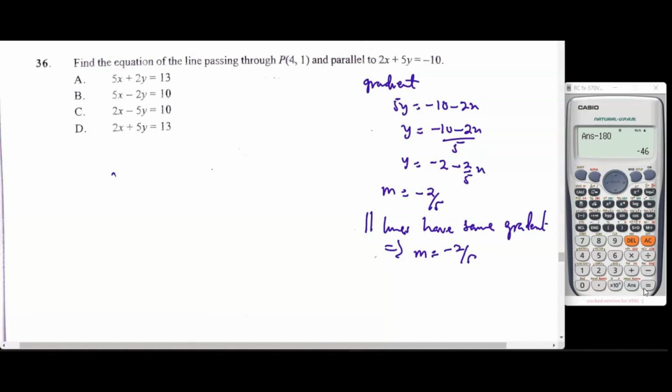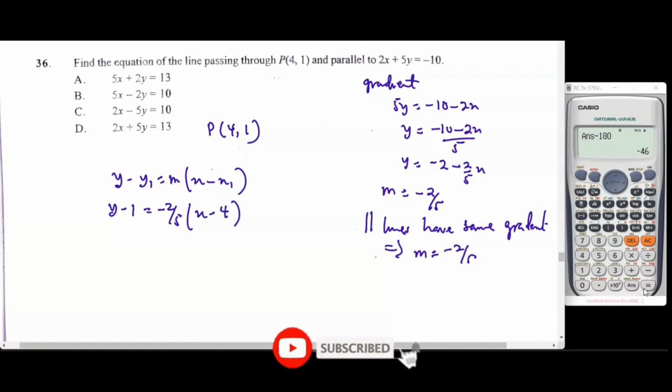So using the idea of y minus y1 equal to m into bracket x minus x1, for which my point P is 4, 1. Substituting, y minus y1, which is 1, will be equal to negative 2 on 5 into bracket x minus x1, which is 4. Expanding and simplifying, multiplying through by 5, I have 5y minus 5 equal to negative 2x plus 8.